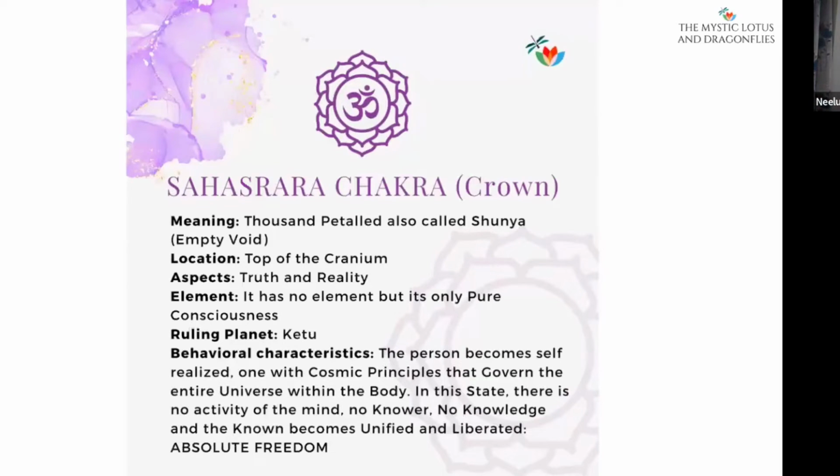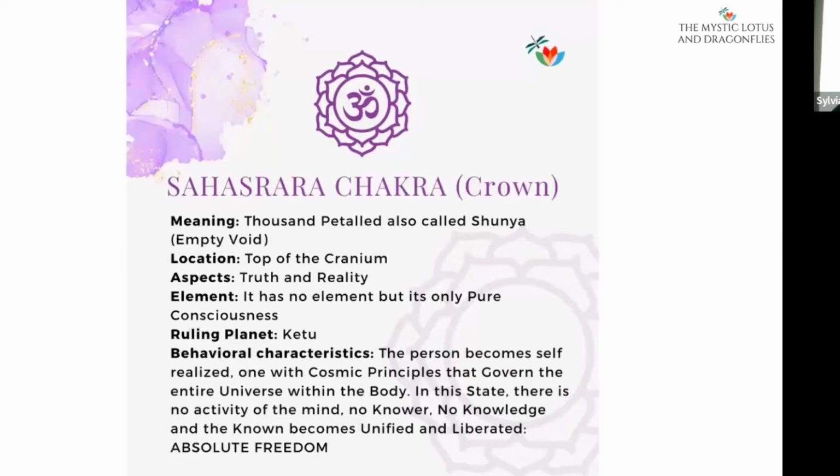Yes, Sylvia. So basically I say the crown is a king's jewel. It's a jewel of the king. So also our crown is our jewel. It means 1,000 petals, also called shunya, which is empty.